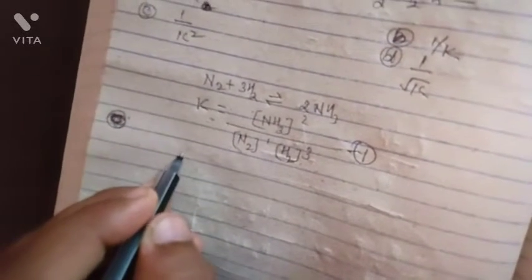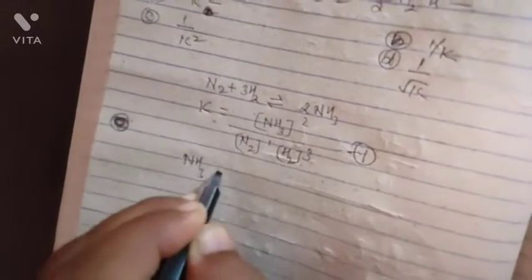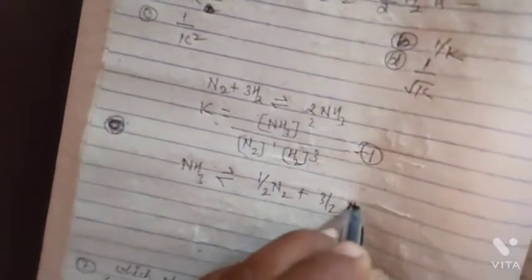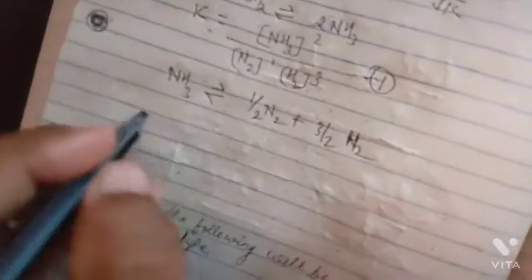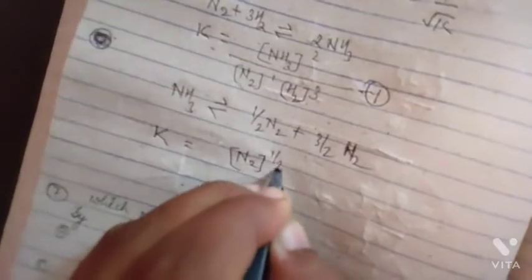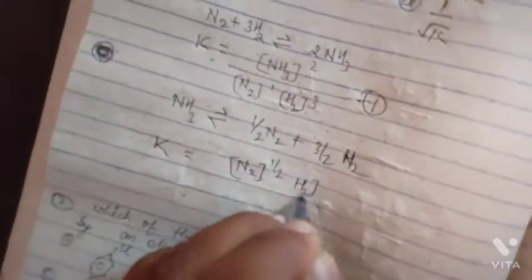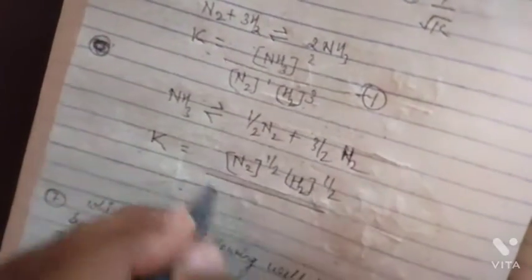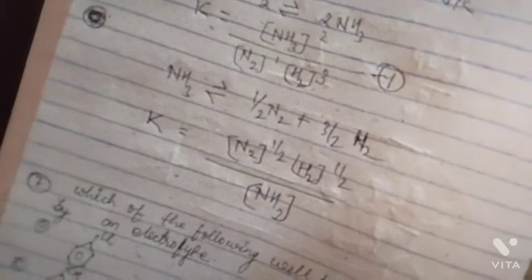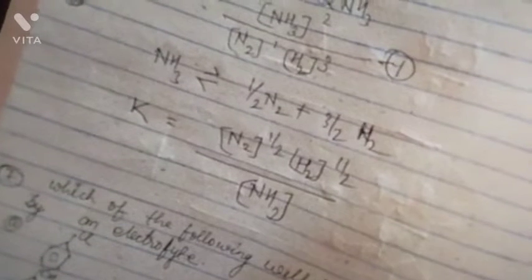And in case of NH3 reversibly giving half mole of N2 plus 3 by 2 mole of H2, the constant K equals the concentration of N2 to the power half into the concentration of H2 to the power 3 by 2, upon the concentration of NH3, because the constant K equals the concentration of products upon the concentration of reactants.